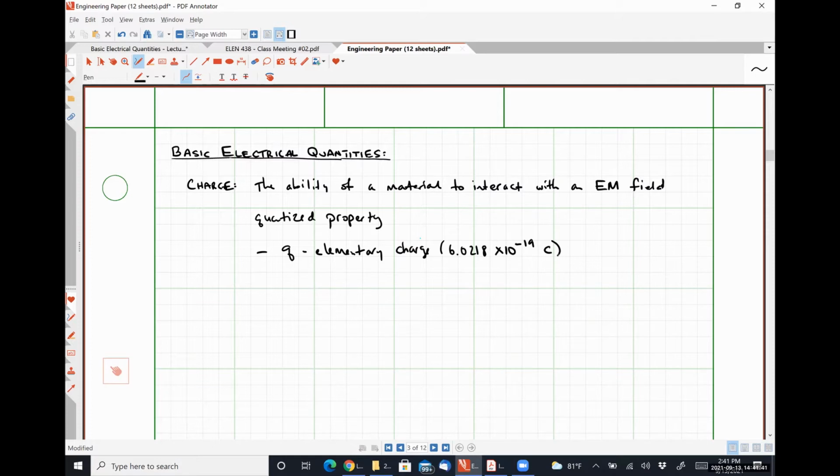Okay. This is the same number that you guys learned. Actually, it might not be the number you learned in the 120 series. You might have learned how many electrons composed 1 coulomb of charge, which would have been like 5 point something times 10 to the positive 18.